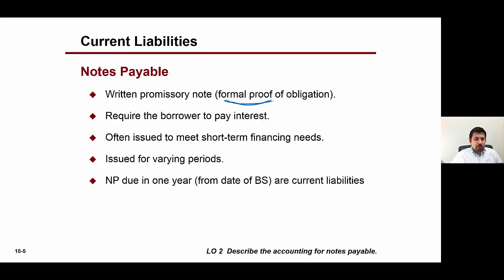So as a result, notes payable would lead to interest. In plain English, this is when the company borrows money and signs a note promising to pay the same amount on a certain date or after a certain period of time, and during that time they will have to pay some interest.